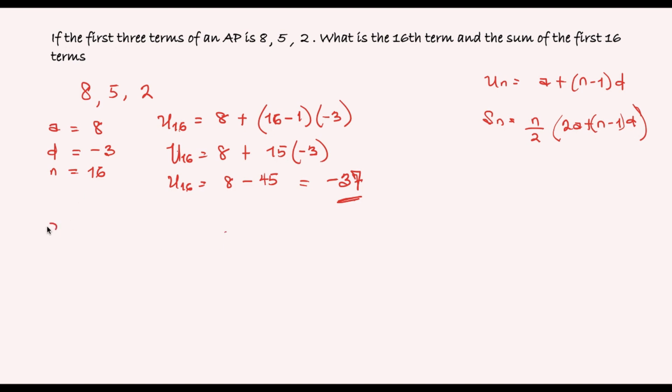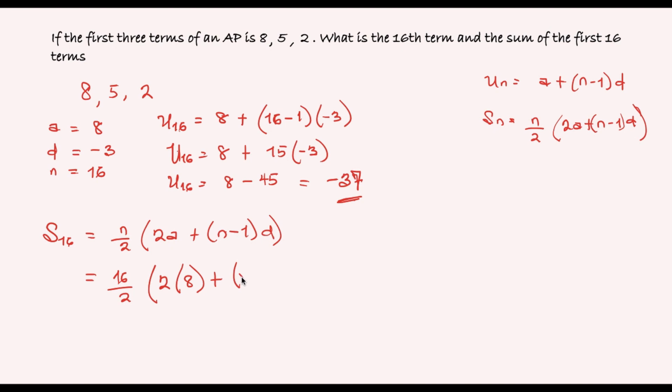So to find the sum of the first 16 terms, which is S16, that's equal to n over 2 multiplied by (2a plus (n minus 1)d). So we have n is 16, divided by 2, 2 multiplied by a, which is 8, plus (n, which is 16 again, minus 1), multiplied by our d, which is minus 3.